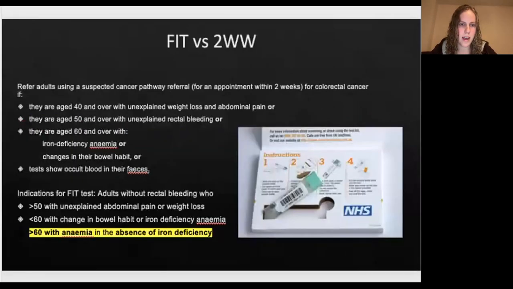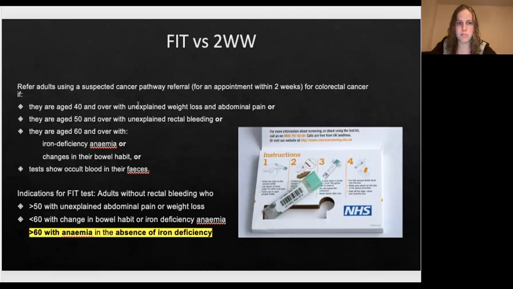So moving on to that, basically if they're over 60 and they have iron deficiency anemia, you just go straight to 2-week wait. But if they're over 60 with just an anemia without any iron deficiency, you still do a FIT test to rule out any cancer.